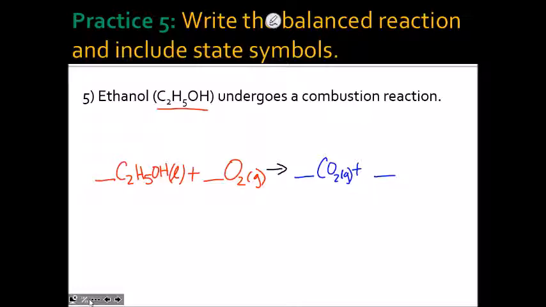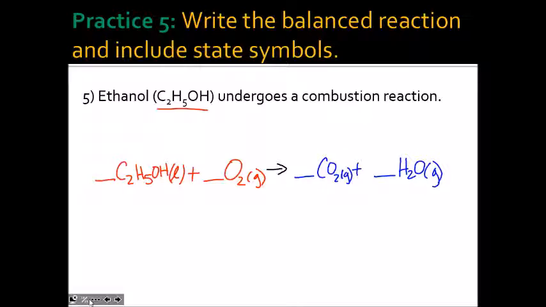But the resulting water from a combustion, most of the time, it's going to be in a certain phase because you have lots of fire and heat. So, what phase do you think it's going to be in? Is it going to be liquid water, or is it going to be water vapor or steam? Yes, because this is going to produce a lot of heat, so it's most likely going to definitely be a gas being given off.